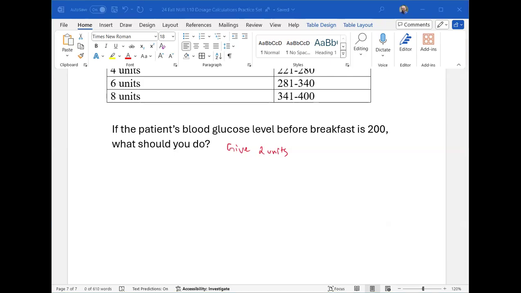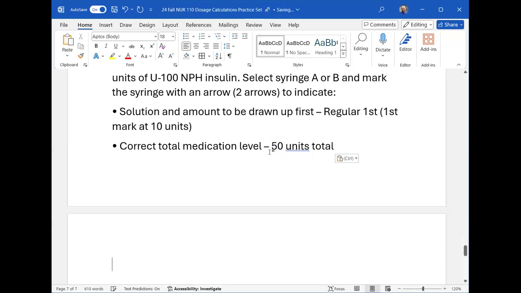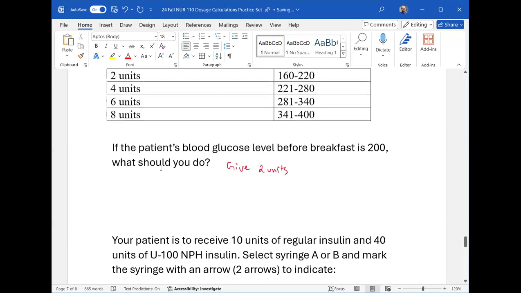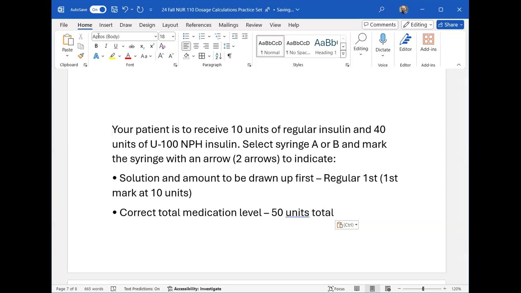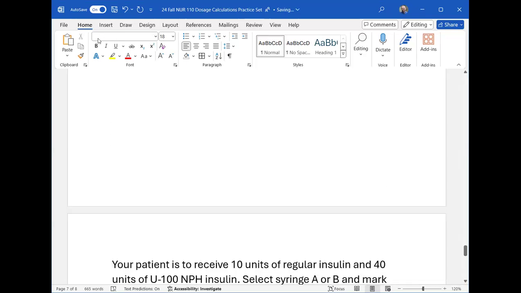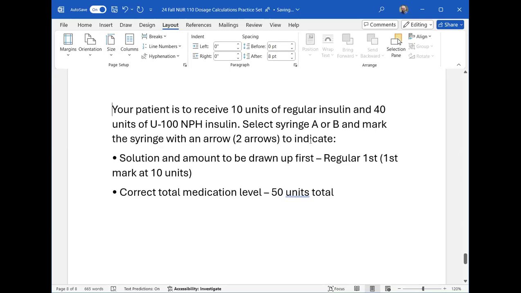The other question that's kind of similar to this is you might have to mark a syringe. Now, you might see this more so next semester. I don't know that you'll see this time around, but you might see it, so I'll at least show it to you. All right, give me 1 second.